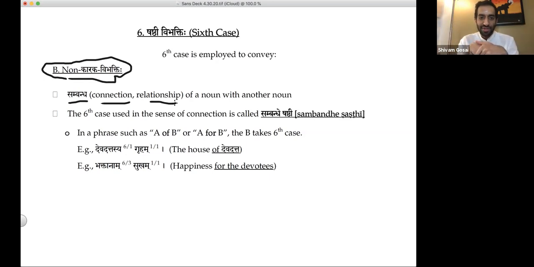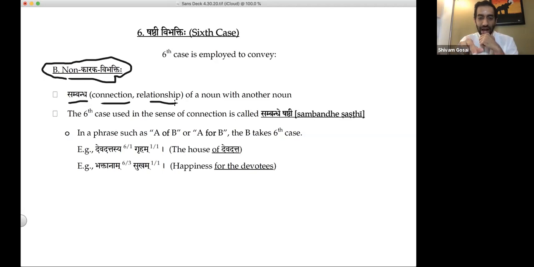Often this is in terms of possession. So in the example, it says Devadattasya griham. The house, griham, of Devadatta. So you'll see the word "of" is often the case. So A of B. Devadattasya griham, the house of Devadatta.